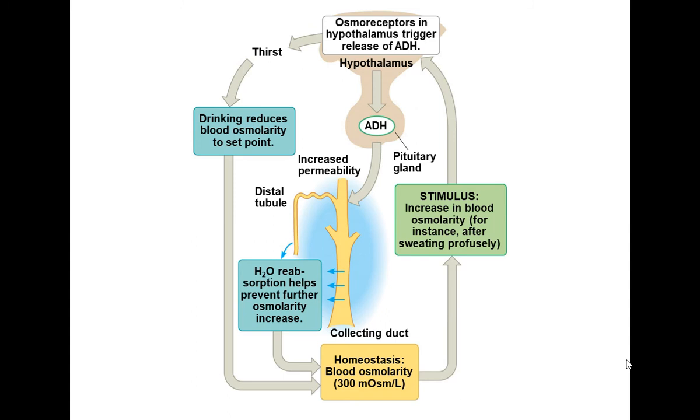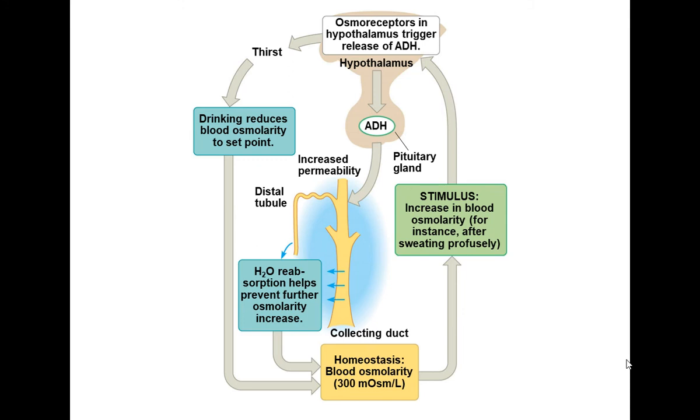Your collecting duct, that final step in your nephrons, is going to allow water to move across it so that it can be moved into the interstitial fluid and be reabsorbed. As a result of being reabsorbed, it's going to help to readjust your blood osmolarity.